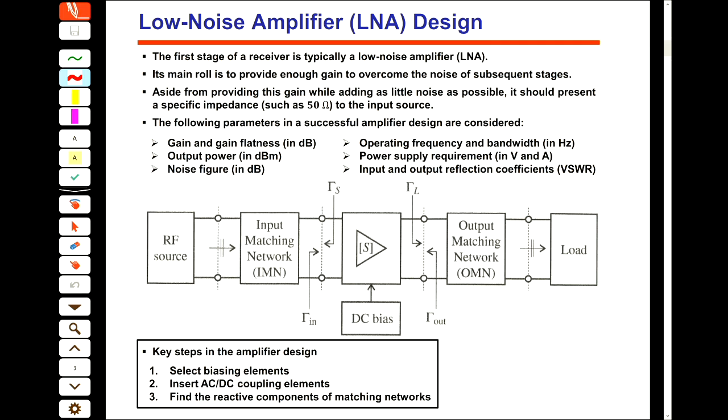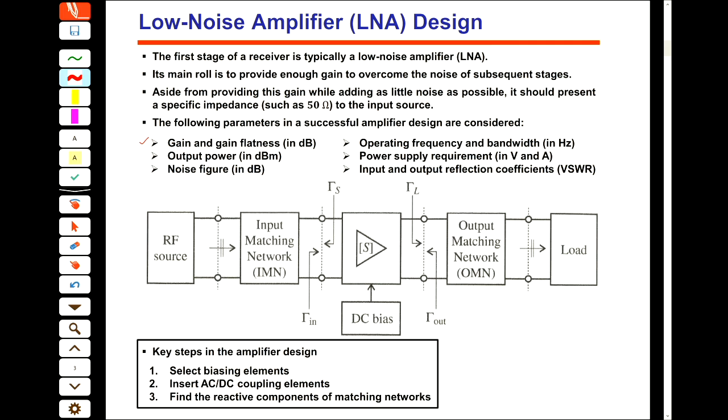The criteria we use to compare the performance of two LNAs are these. What's the gain of the LNA and what's the gain flatness? For example, I say the gain of my LNA is 17 dB plus or minus 0.2, or plus or minus 1.